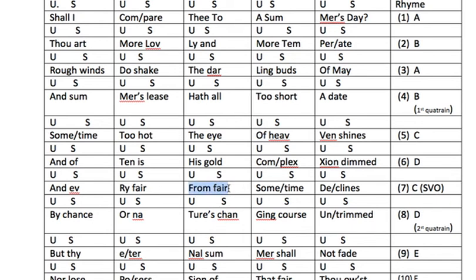From fair, every fair, sometime declines, right? So think of it as: from all fair things, every fair thing from among all fair things, sometime declines. And here's this word, sometime, right?